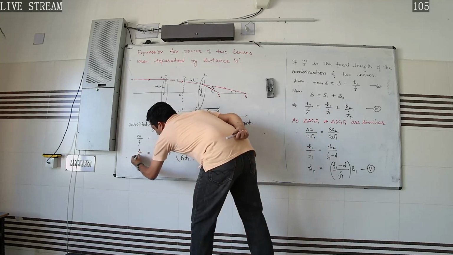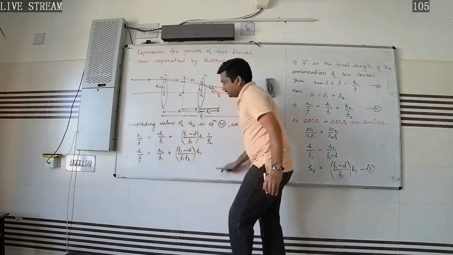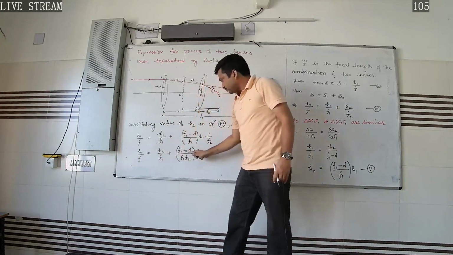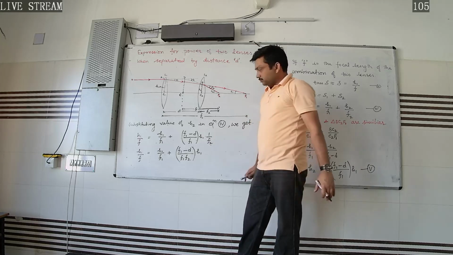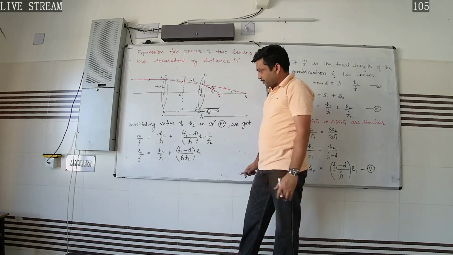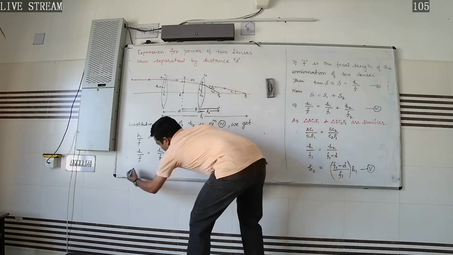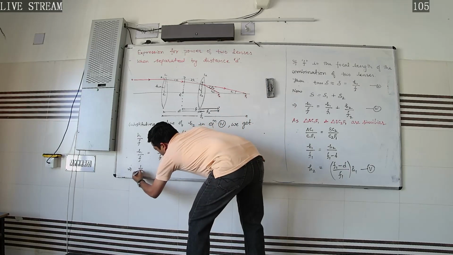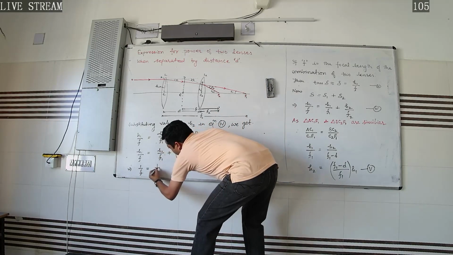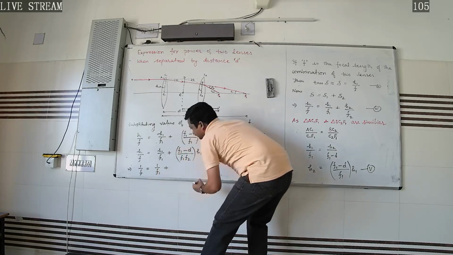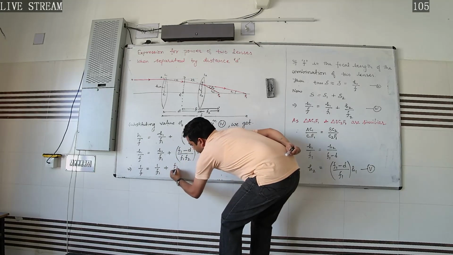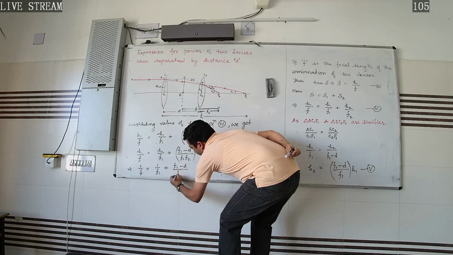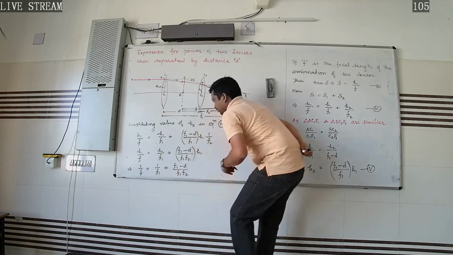Now look here, H1 on the left hand side and H1 on the right hand side, they both will get cancelled out, and finally what we get, which implies 1 by F is equal to 1 by F1 plus F1 minus D over F1 into F2.